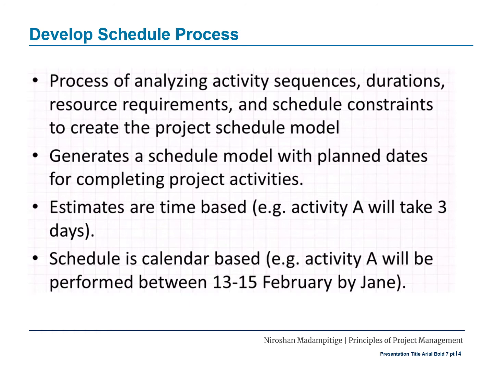We already learned the basic purpose of develop schedule process. It generates a schedule model with planned dates for completing project activities. Estimates are time-based. Example, activity A will take 3 days. The schedule is calendar-based. Example, activity A will be performed between 13th to 15th February by Jane.